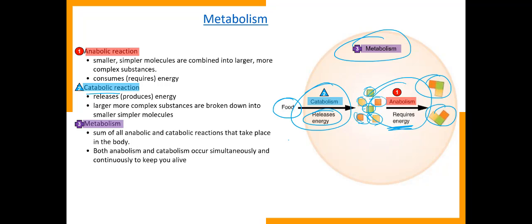Both catabolic and anabolic reactions occur simultaneously and continuously to keep you alive. As we eat, our food gets broken down into simpler substances, and depending on our body's needs, those simpler substances get formed into more complex substances that our bodies can use.